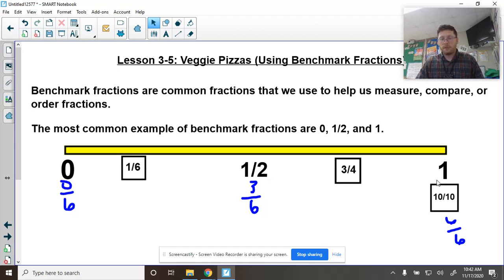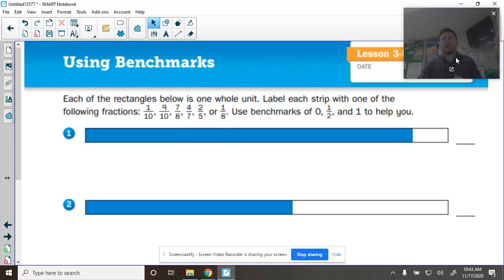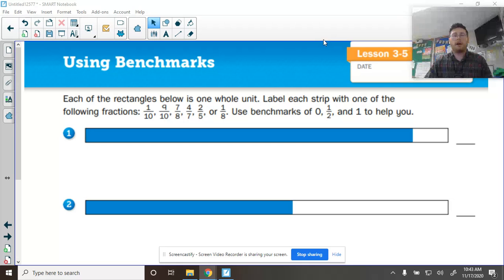But again, if you notice these, 3 fourths and 10 tenths, 10 tenths is always going to be on the end, if this is 1 whole. If it's 2 wholes, we'll talk about that later. But this is just 1 whole right now, and this is 10 tenths. So 3 fourths would go somewhere right in here, and there you go. There's that. All right. Now we're going to be talking about your lesson work up here.